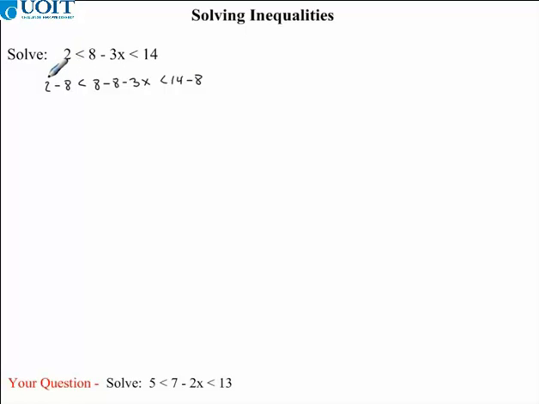Now let's simplify. 2 minus 8 will give us negative 6. Less than 8 minus 8 will give us 0 minus 3x, which is negative 3x. Less than 14 minus 8, positive 6, or just 6.